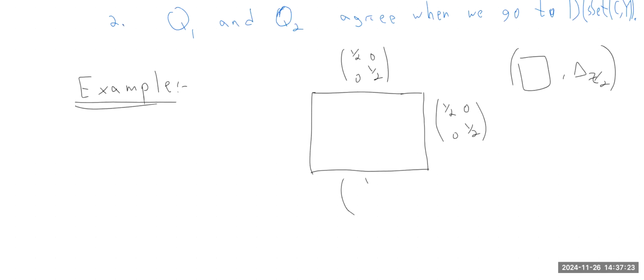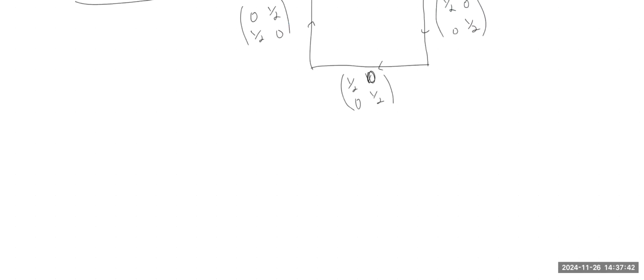I want to take again 0, 0, and maybe here I will take the opposite. How can we see this? We can write this, as we showed before, as a gluing of both of these, glued in these two points.